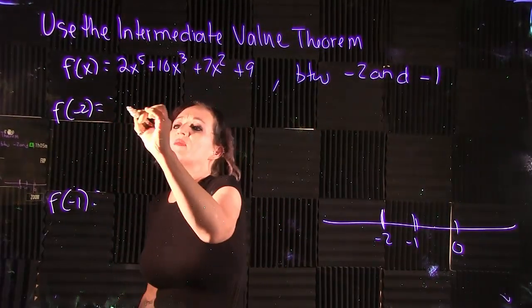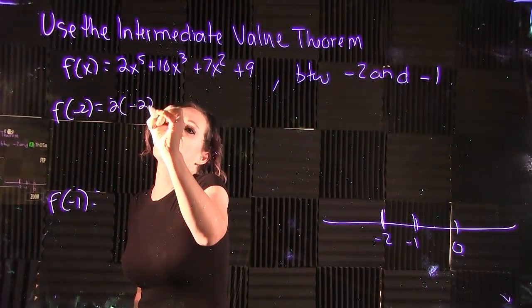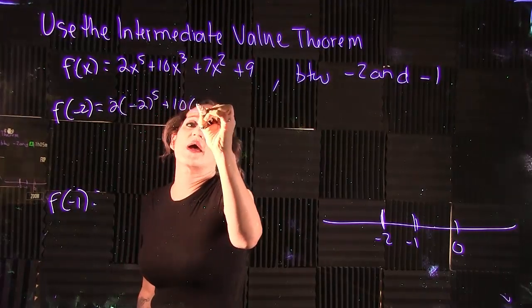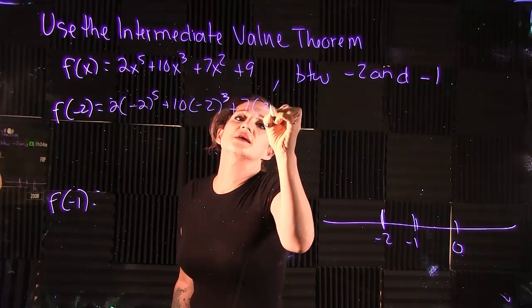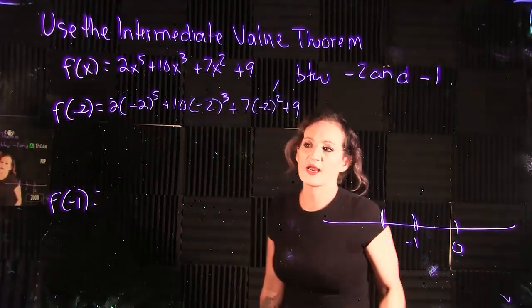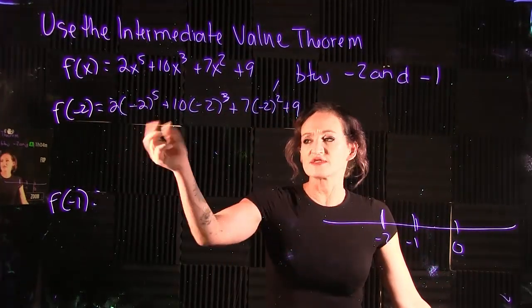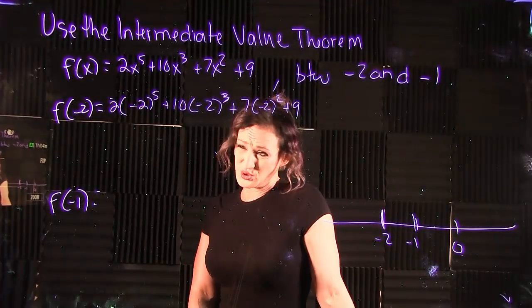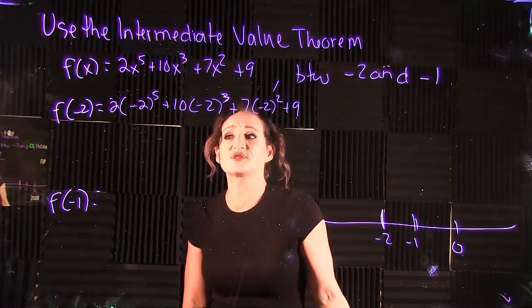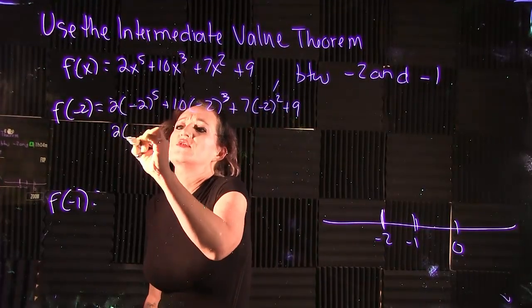If we plug in a -2 for every single x that we have here, it's going to look like this. We're substituting x for -2 and simplifying. So let's see, 2 times 2 times 2 times 2 times 2, that should be a -32 when we calculate that.